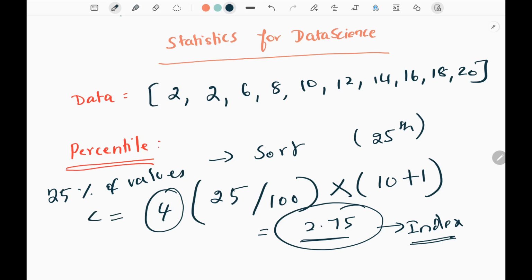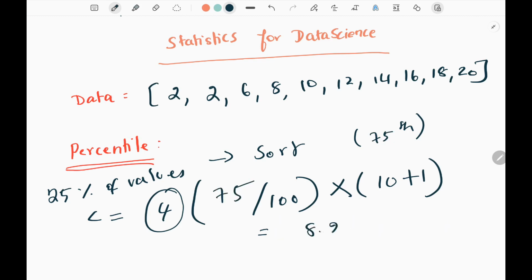So now assume we need to calculate for 75th percentile. So we are just changing the value alone here. So here I'm going to get 8.25, right? So I need to check the 8.25 index. So this is the 8th index and this is the 9th index. So it is in between these two values, right? 8.25 is in between these two values.